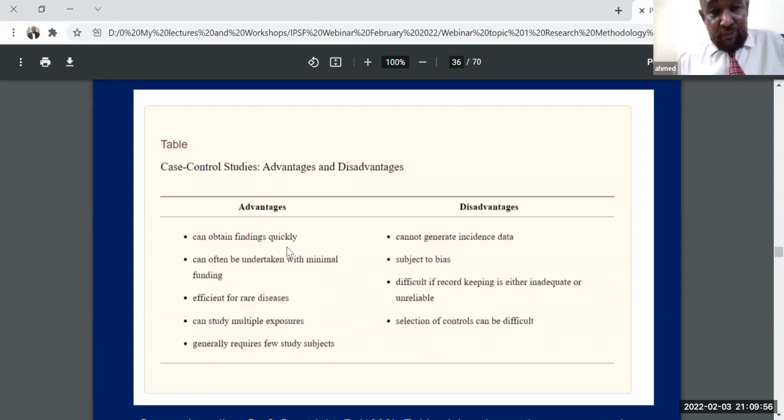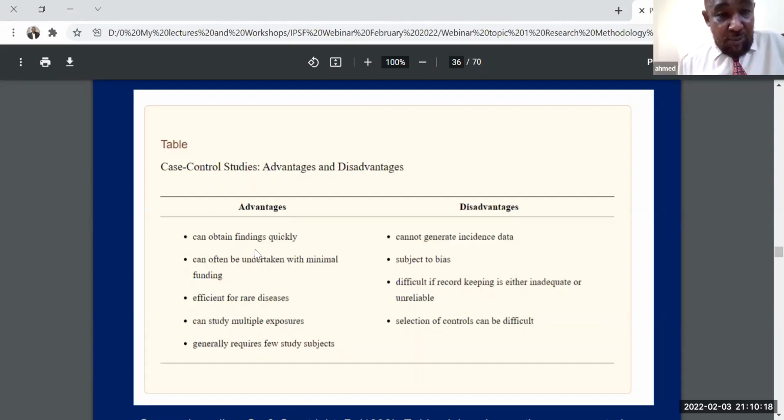but it requires a long time. Sometimes we will see an example of a cohort study where the data have been collected over 20 years. But for a case control study, data can be collected over months, depending on availability of data.